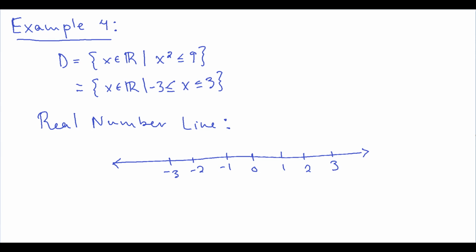And then the points that I am talking about for this set is everything between -3 and 3. So I draw closed dots at -3 and 3. And so this is my set here. This set D graphically looks like that on the real number line. Another notation that is very common is what's called interval notation.